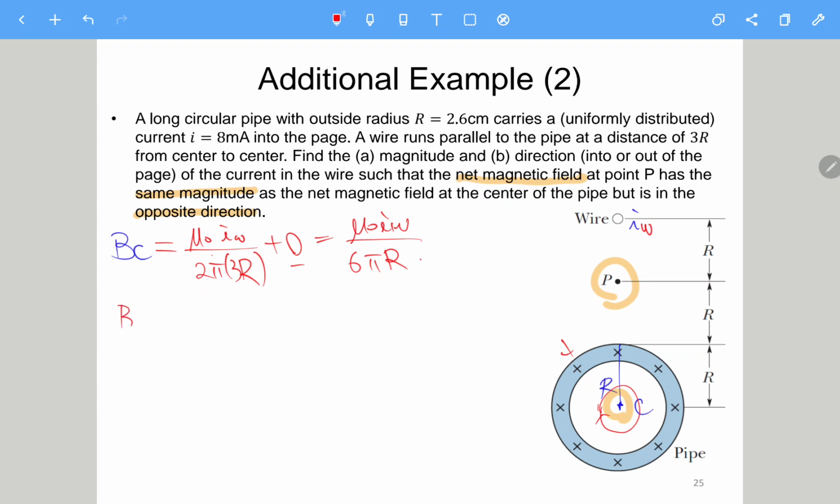And then for BP, for this pipe the distance is 2R.